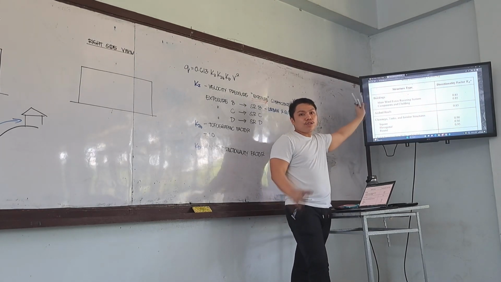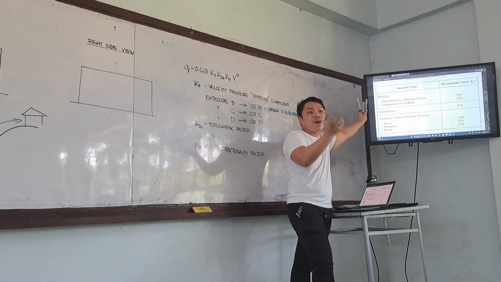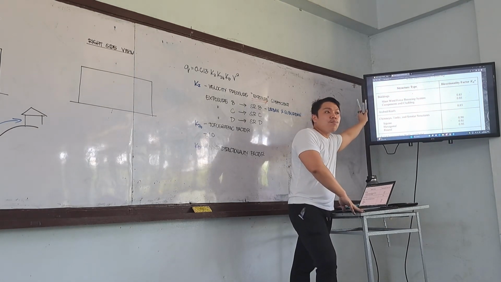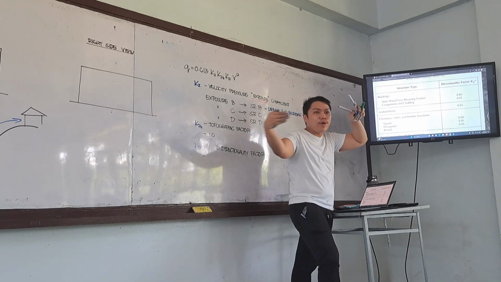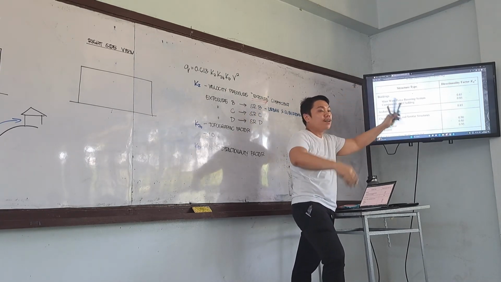The KD depends on the shape of our building, on how the wind is directed from the windward side going to the side walls and leeward walls.